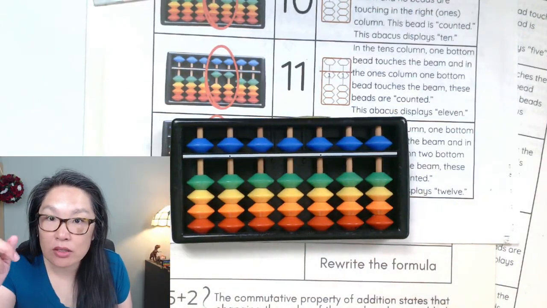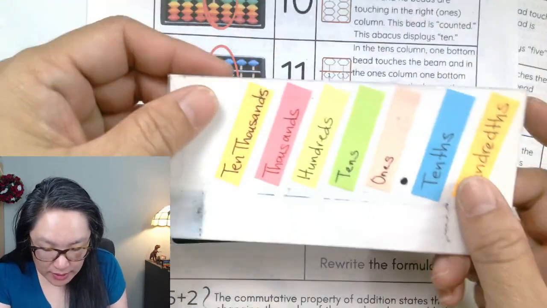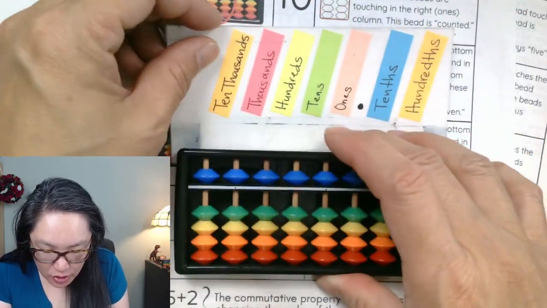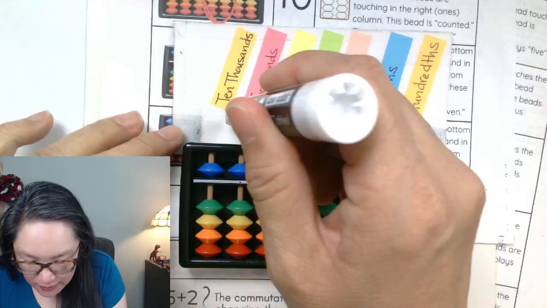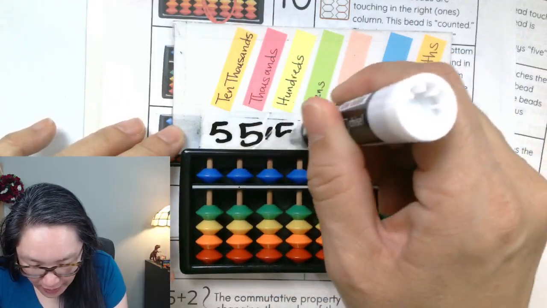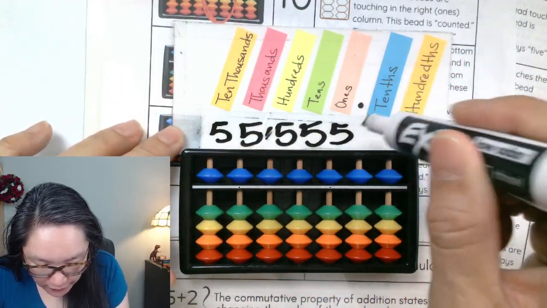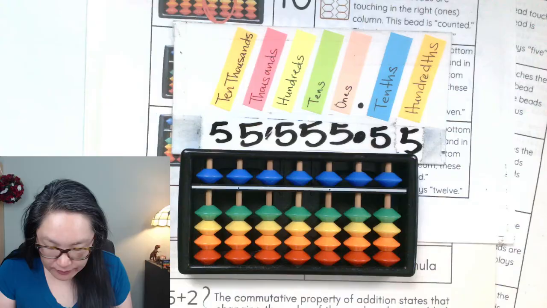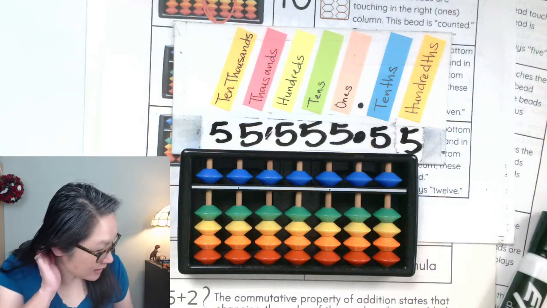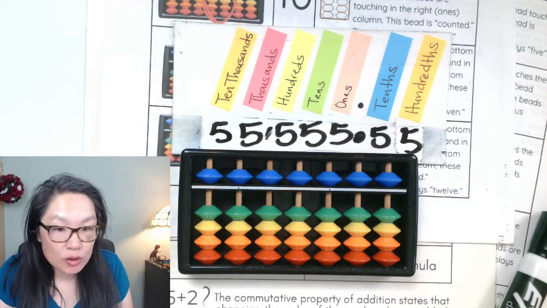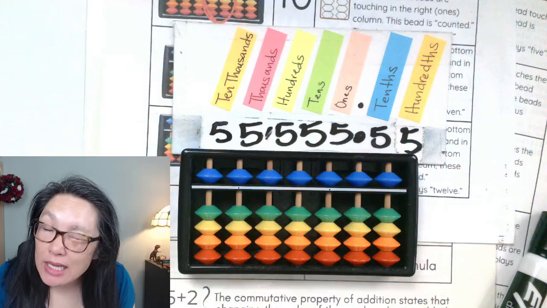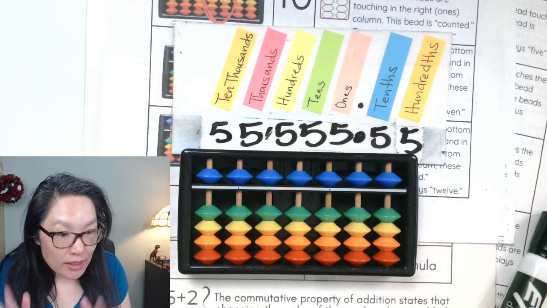It just matters on the place values: the ones, the tens, the hundreds, the thousands, the 10,000. So if I said 5 in every place, this is 55,555. That's how you read the abacus. It's easy, simple to use, easy to understand.